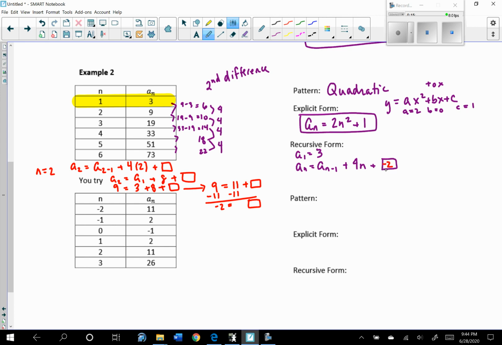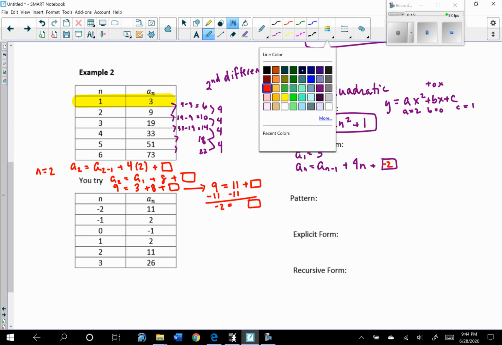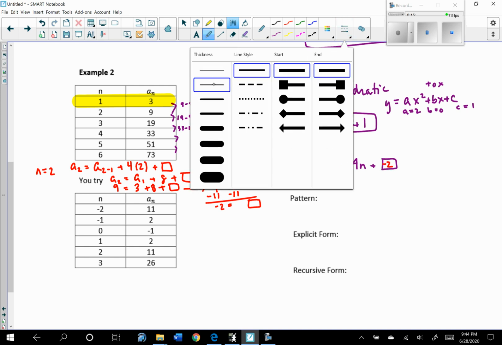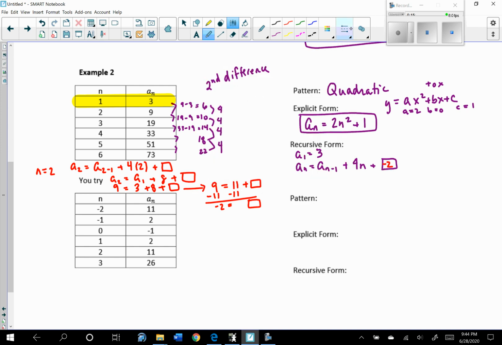So we can check our work. So I'm going to check my work by using a different color. Let's use blue. And for this, we're going to do the third term to check our work. So a sub 3 is equal to a sub 3 minus 1 plus 4 times 3, and then plus negative 2 or minus 2 is the same thing.